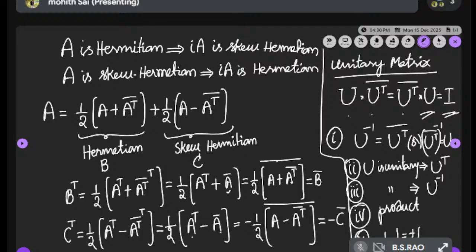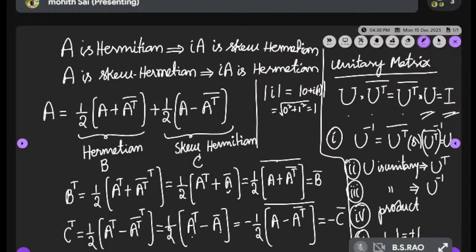If you take I, what is the magnitude? It is 1. I can be written as 0 plus I into 1, so modulus equals the square root of 0 square plus 1 square, nothing but 1. In the same manner, minus I also has magnitude 1.